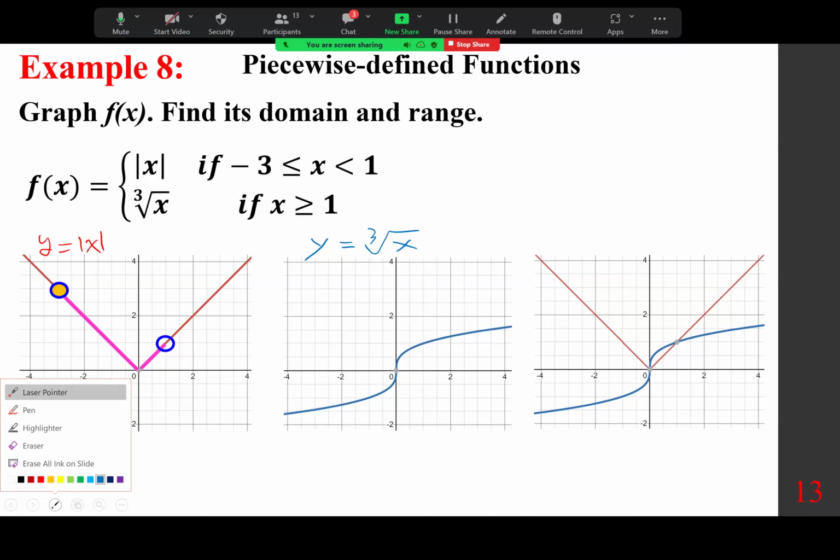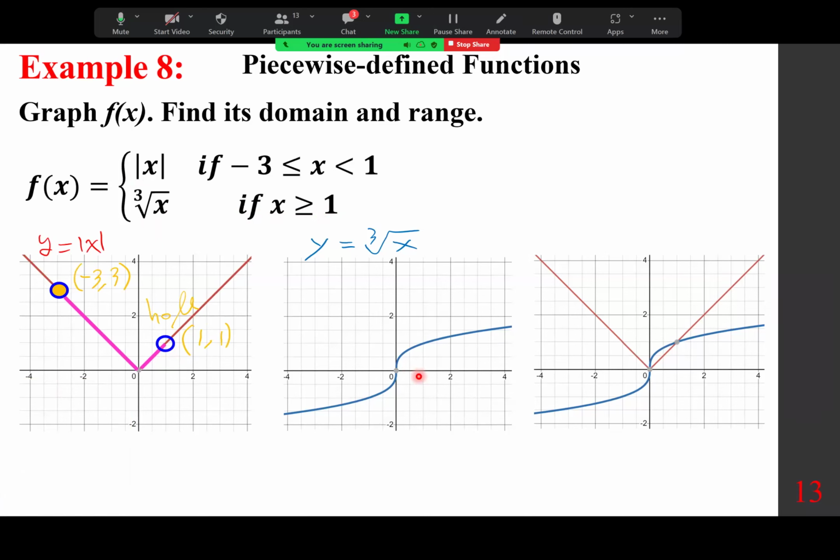So let me write that this one has coordinates negative 3, positive 3. This hole has coordinates 1 and 1. And now what happens is from 1, including 1, to infinity, we use this function.